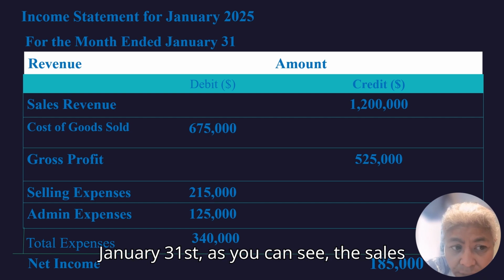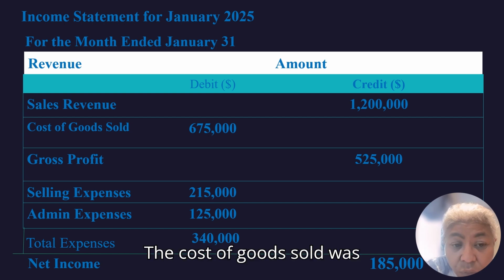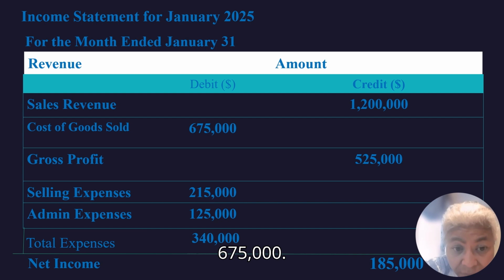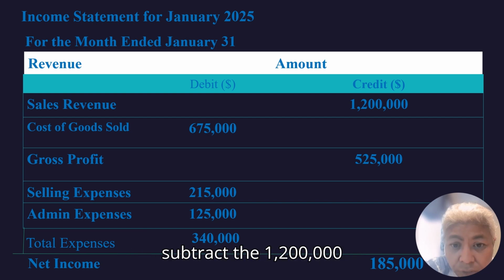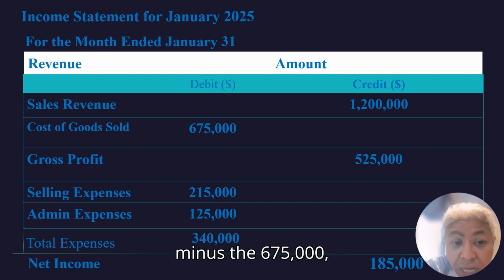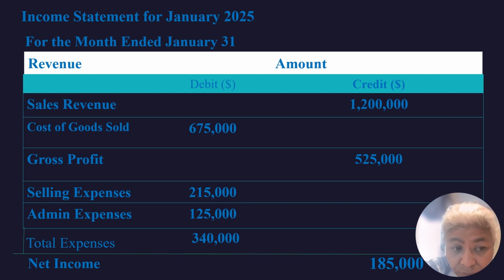As you can see, the sales revenue was 1,200,000. The cost of goods sold was 675,000. To get the gross profit, you subtract the 1,200,000 minus the 675,000, which gives you 525,000.